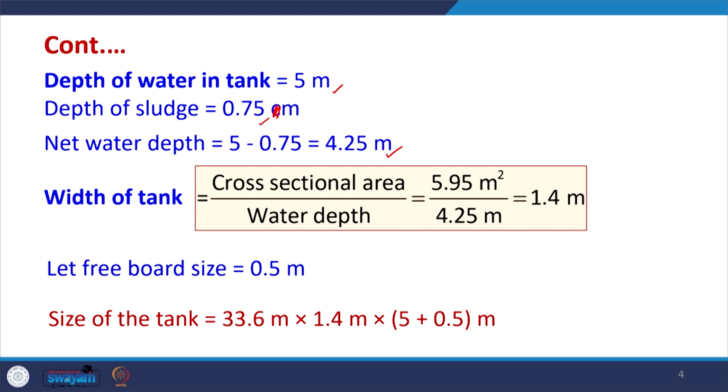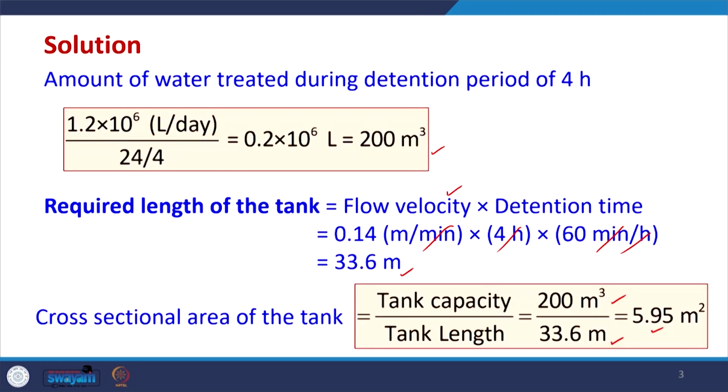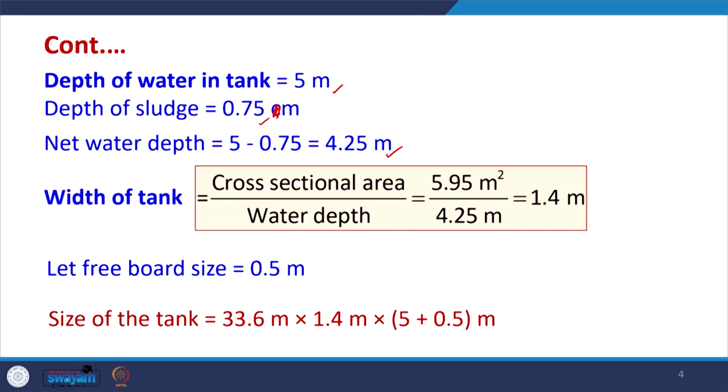Since the cross sectional area is already calculated, we can calculate the width of the tank using this condition, and it comes to 1.4 meter, because we had already calculated the depth as well.